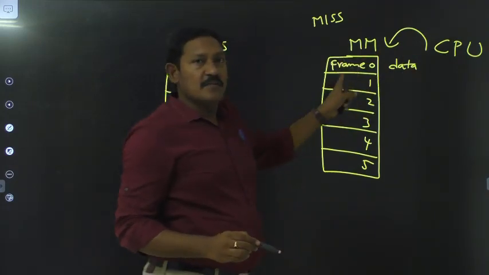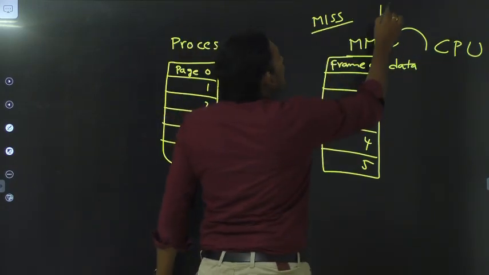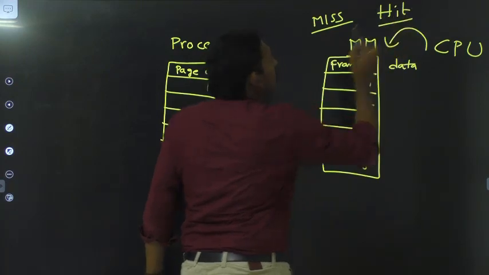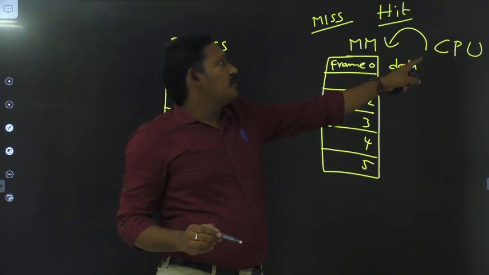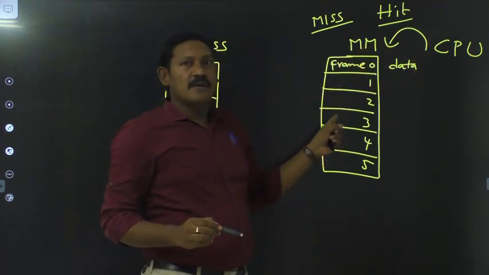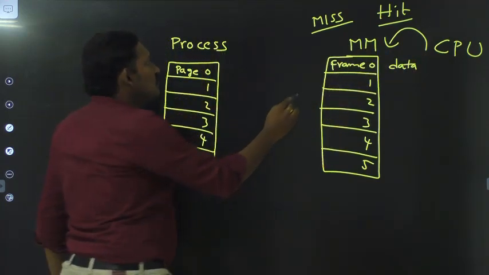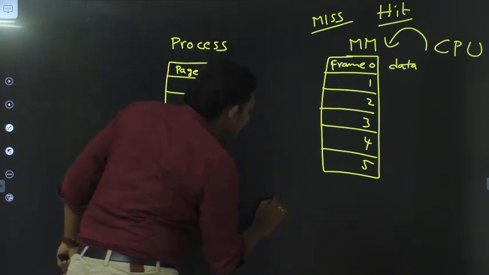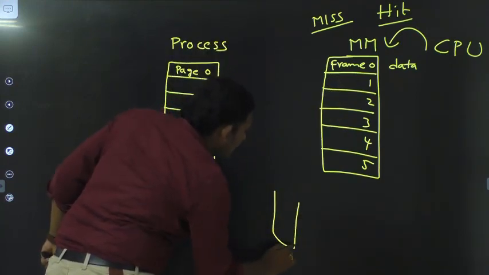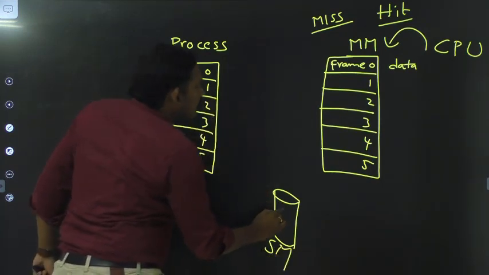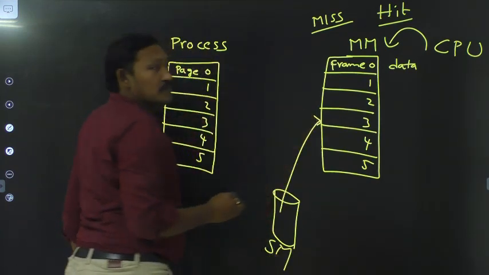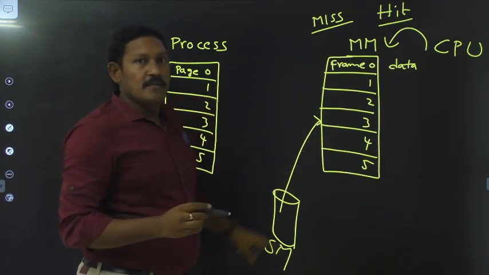If the data is available in the main memory, we call it a hit. When a miss takes place, the data has to be brought from the secondary memory into the main memory.